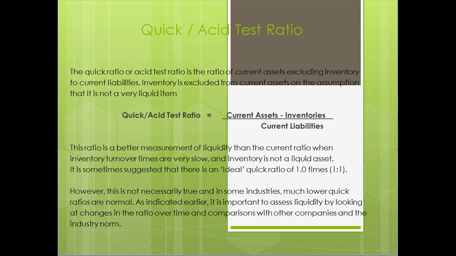However, this is not necessarily true, and in some industries, much lower quick ratios are normal. As indicated earlier, it is important to assess the liquidity by looking at changes in the ratio over time and comparison with other companies and the industry norms. This ends our discussion regarding liquidity ratios.